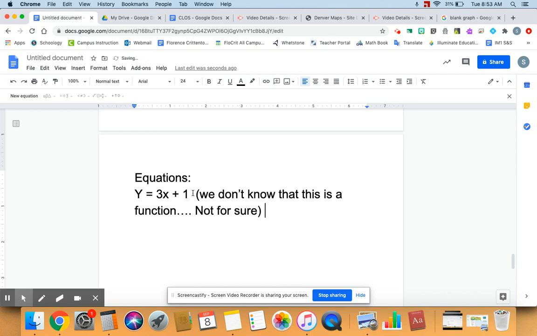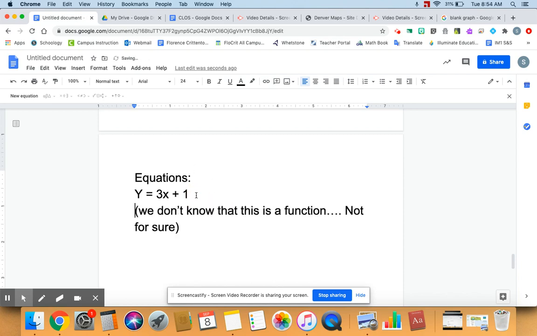We can't be positive this is a function right now because we haven't tested plugging in every single x value to see if it will give us more than 1 answer. And if we tried that, it honestly would take our whole life to try plugging in every single one of these. But luckily, someone else has already done it.